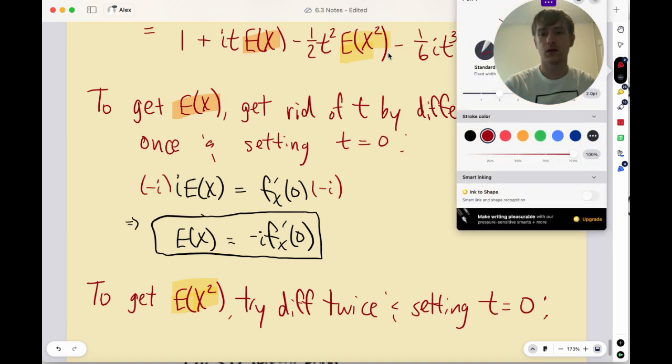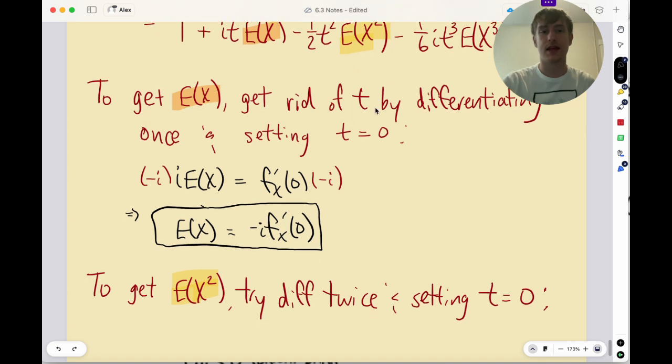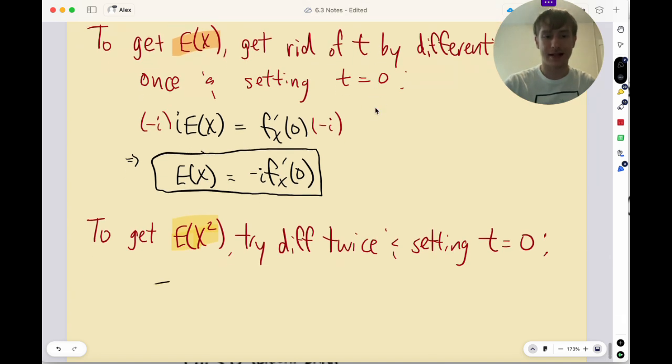Well, we already differentiated this once. When we differentiate it twice, like I said, these first two terms go to 0. If you differentiate it once, you get minus t times the expected value of x squared. Differentiating it again, you just get a minus 1, because the derivative of minus t is just minus 1. So this ends up being minus the expected value of x squared.